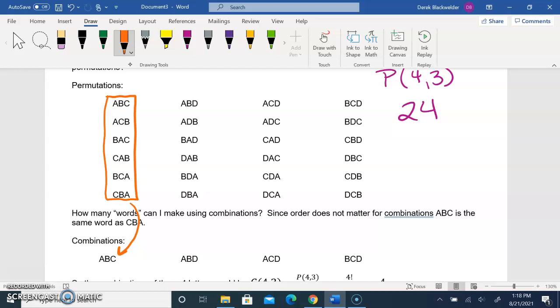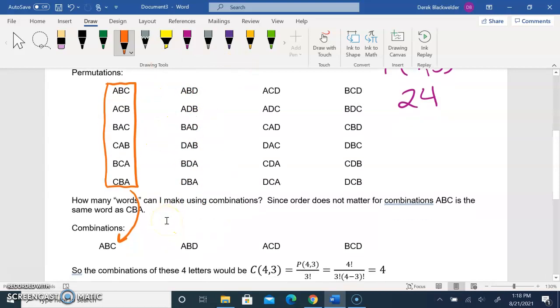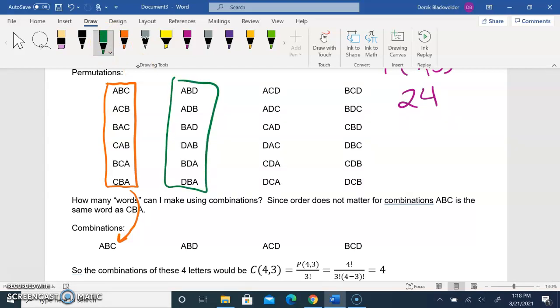So that would be just a combination. A combination should always be a smaller number because order doesn't matter. We're kind of just dividing out the number of ways I can rearrange those. If you think about this column, these are just all the ways I can rearrange ABD. They would just go into ABD.